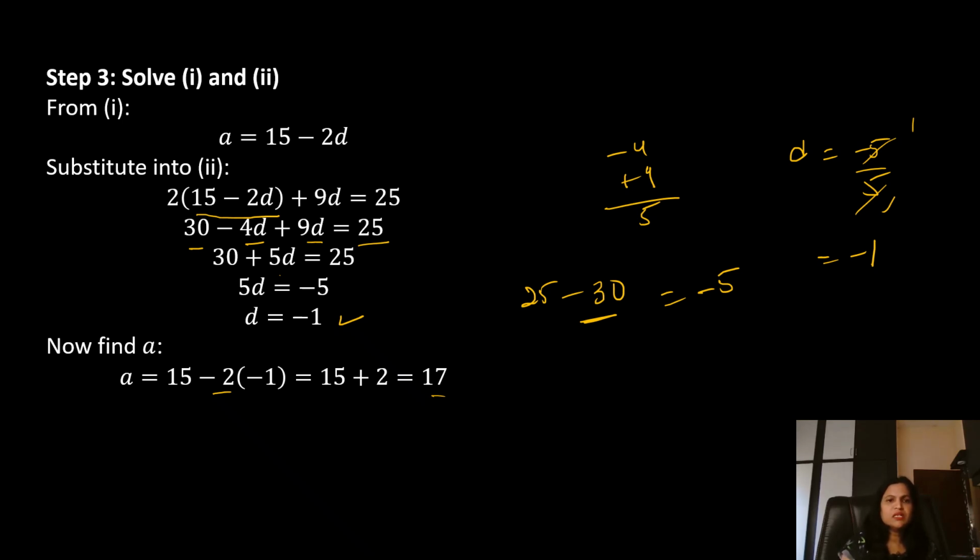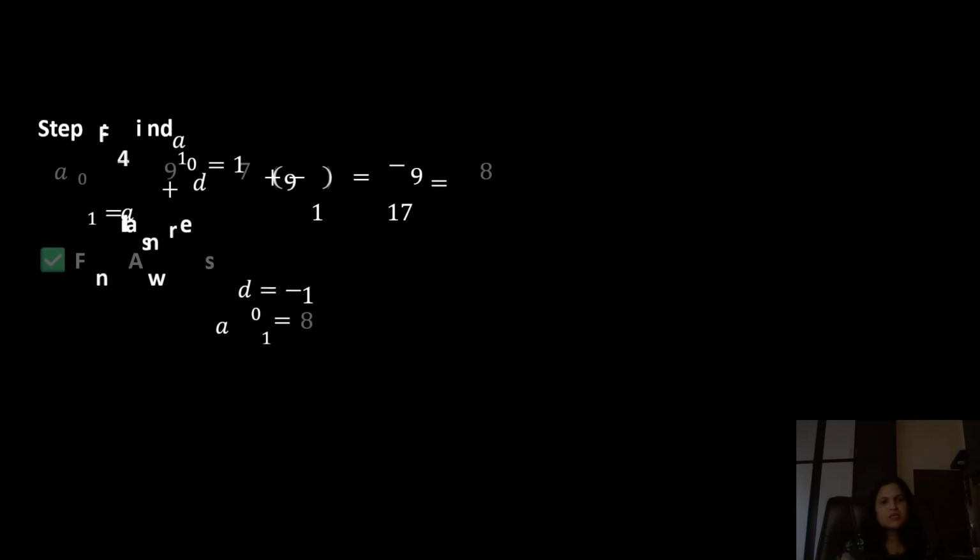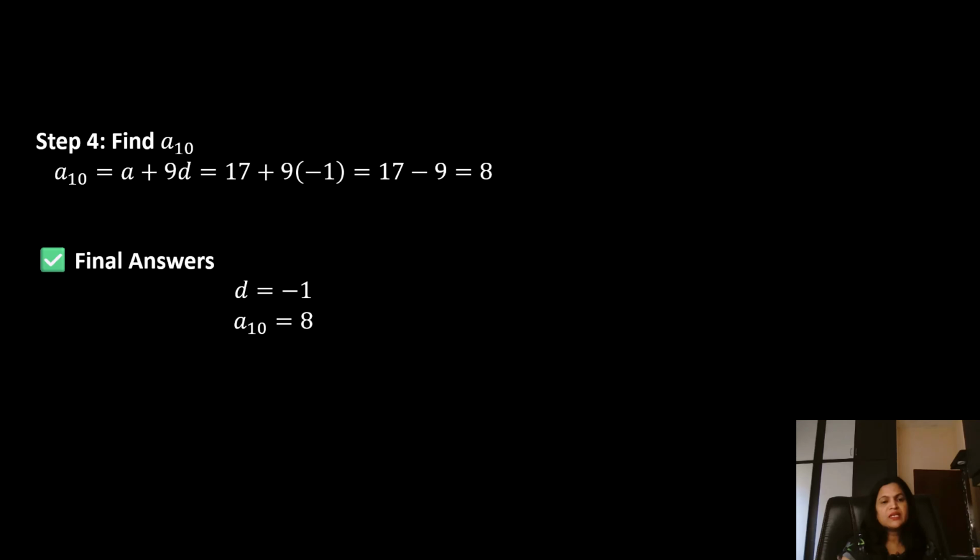Now you can form the arithmetic progression using these two values. Step 4 is find a10 now. D equal to minus 1 is found. A10 equal to a plus (10 minus 1) into d, that is a plus 9d.